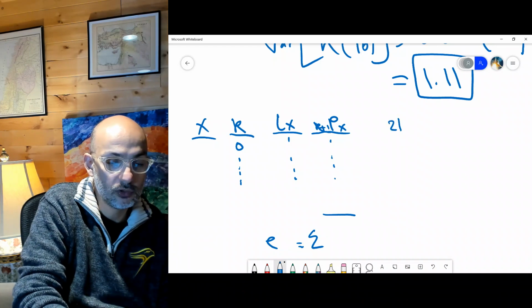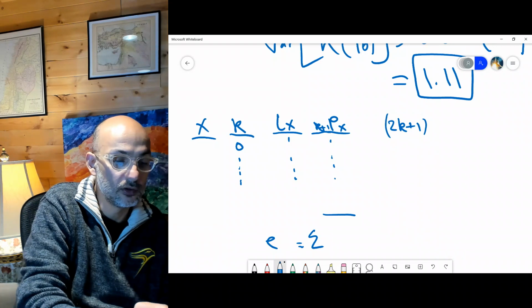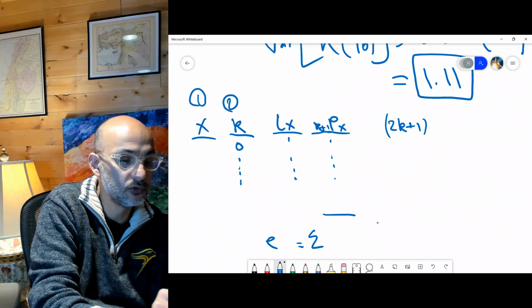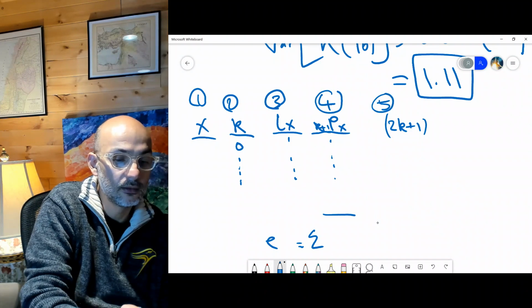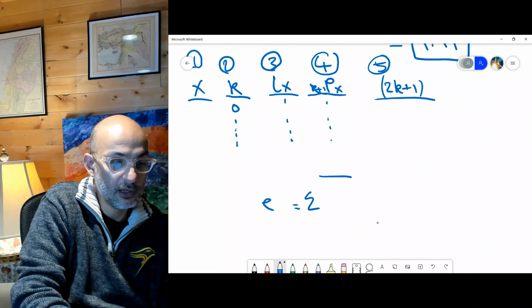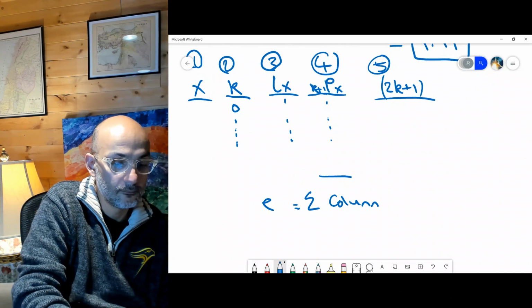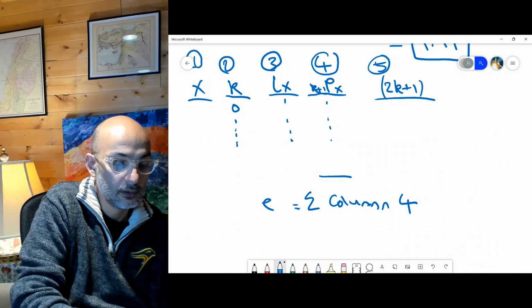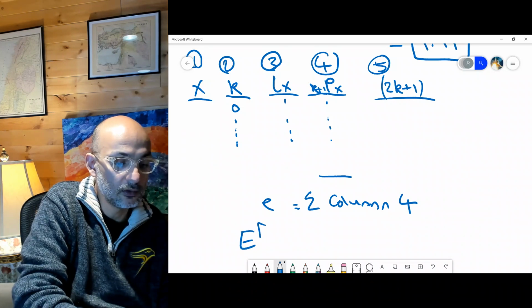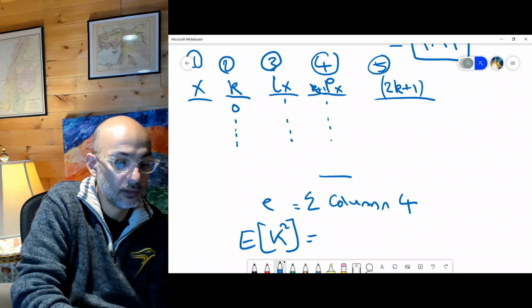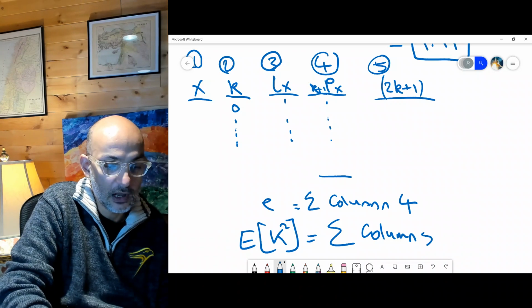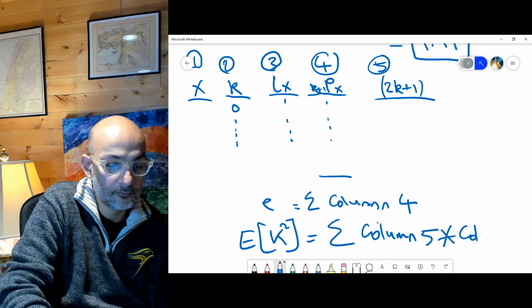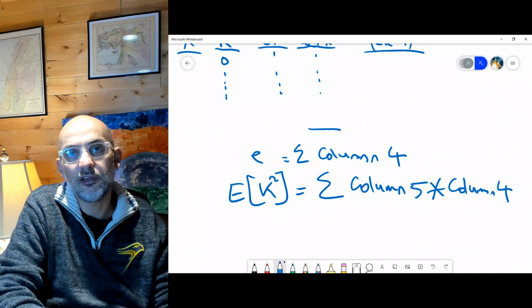And now you add 2k plus 1. So if you give this column 1, column 2, column 3, column 4, column 5, right? So E is the summation of column 4. Now the expected second moment of K squared is the summation of column 5 multiplied by column 4, right? And it's very simple.